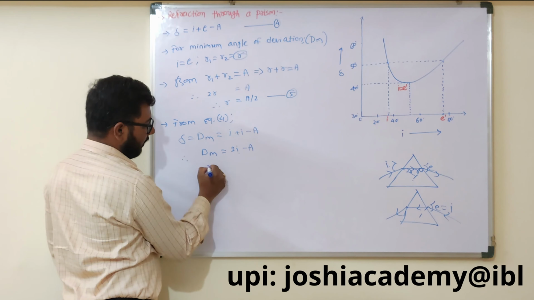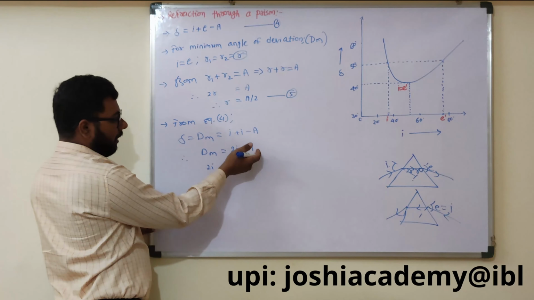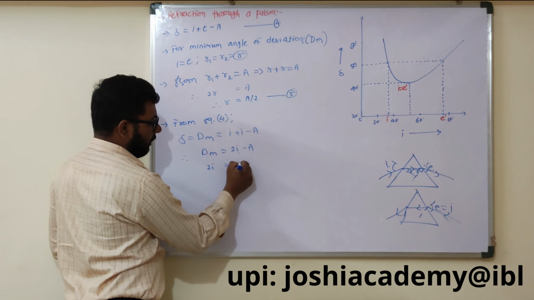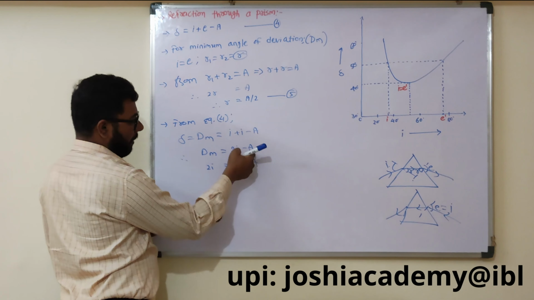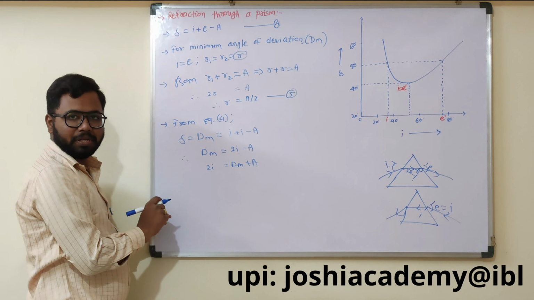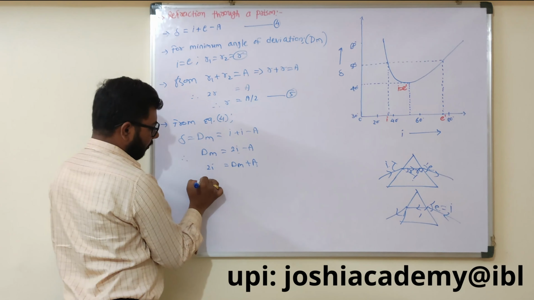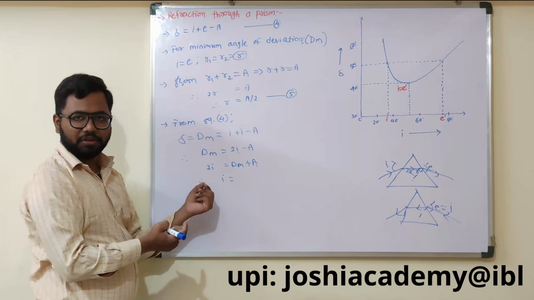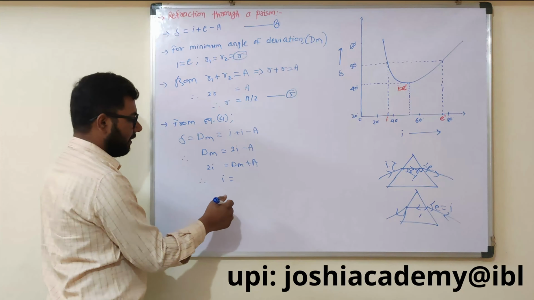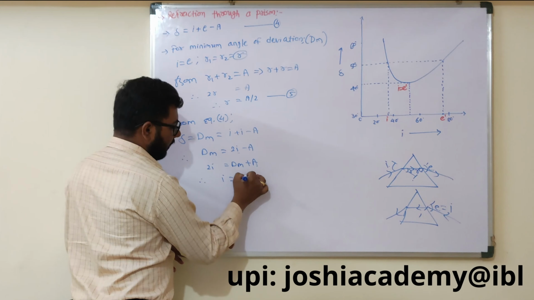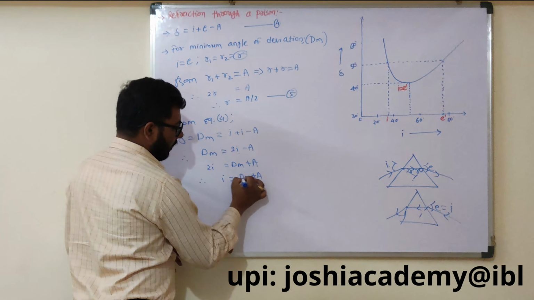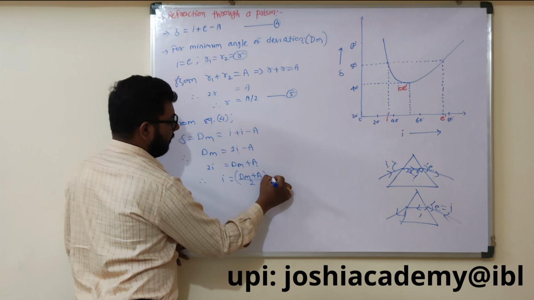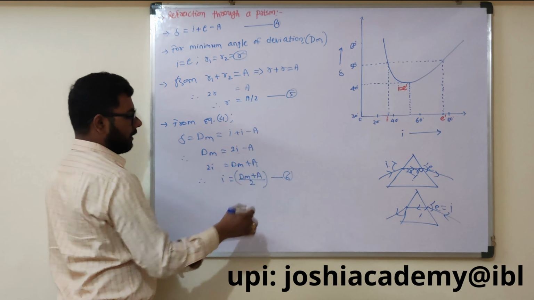So 2I will remain over here, and minus A to this side is plus A. Therefore our I will be Dm plus A by 2. Let it be equation number 6.